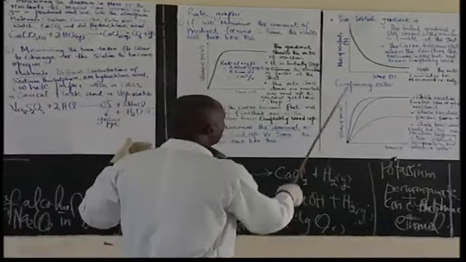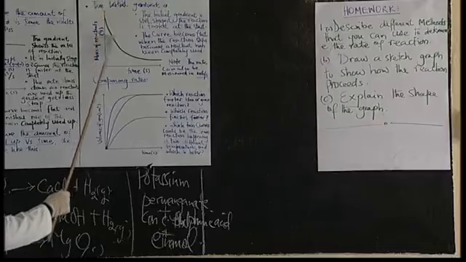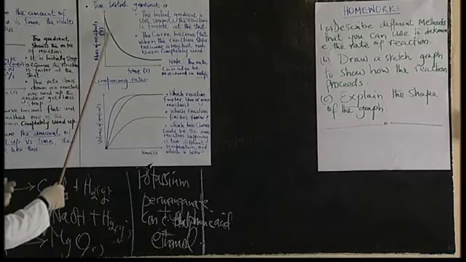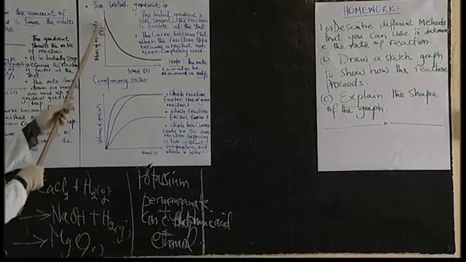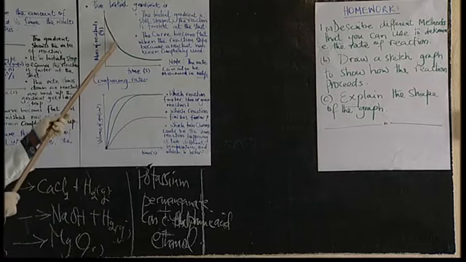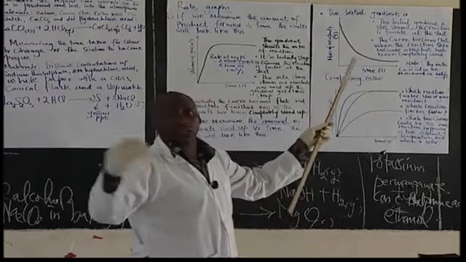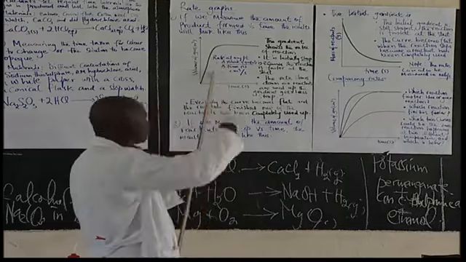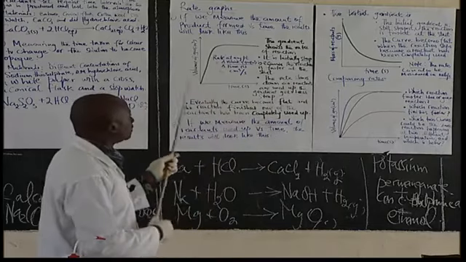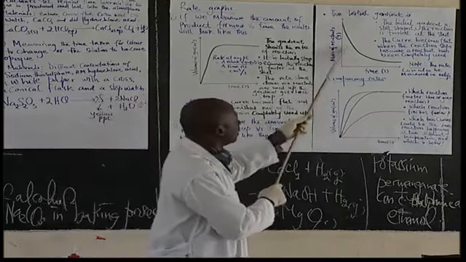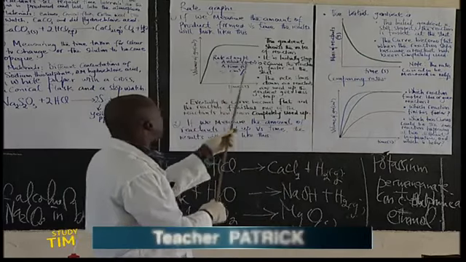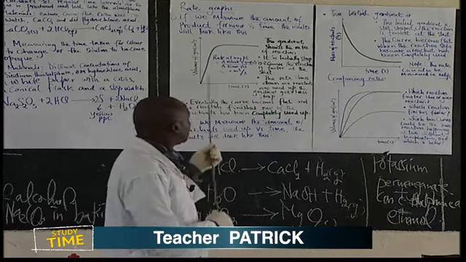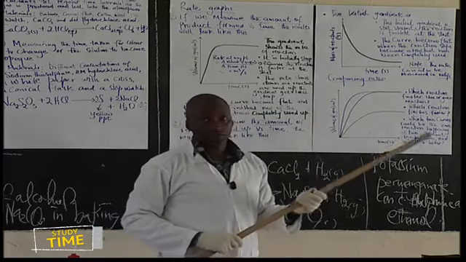And you remember we have said, even on the curve, the rate can be determined at any point on this curve by determining the slope or the gradient, which would be the change in y over change in x, depending on what you have. So this one would be change in mass over change in time. This is change in volume over change in time. So you can get the rate at any point of the curve.